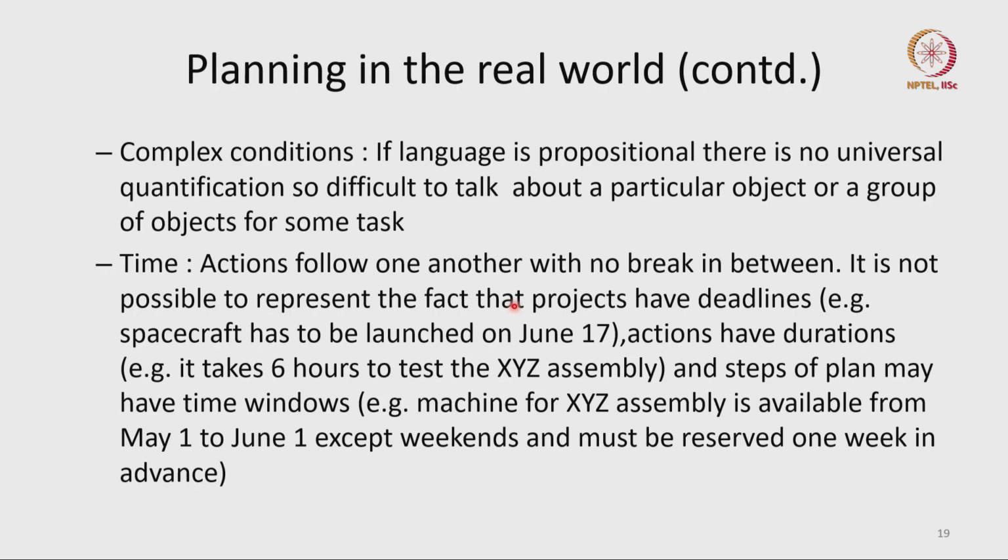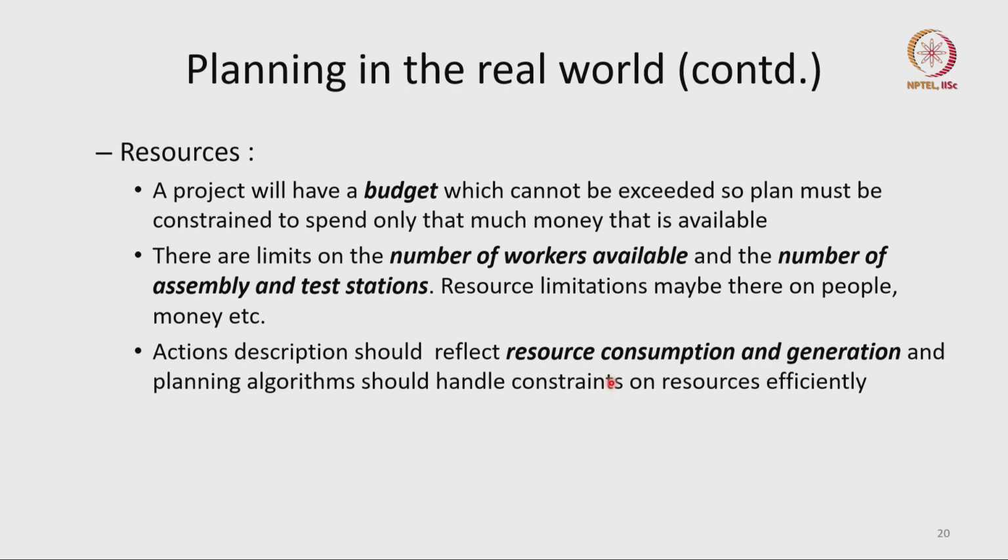A machine is available at such and such a time, or there is only one machine available, therefore these actions must be done sequentially, they cannot be carried out at the same time. This is something like the resources that are available. All these things need to be taken into account in your plan, so some type of planning and scheduling will have to be carried out.